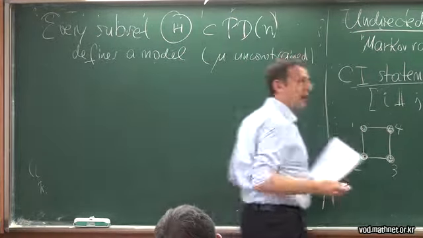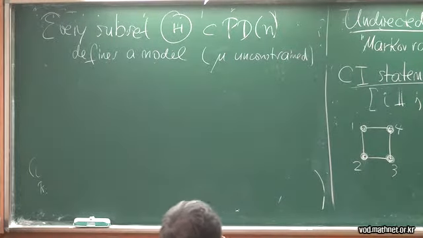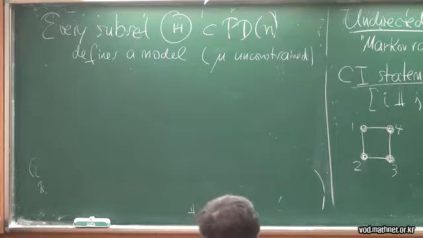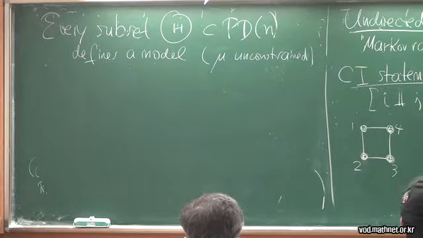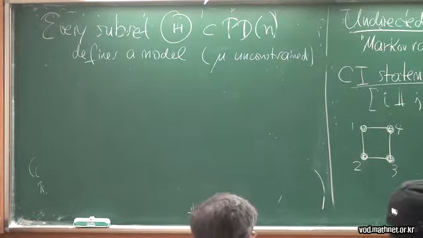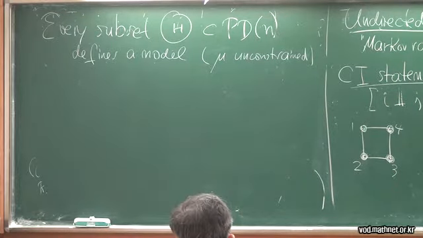So if Rainer has a favorite subset of the positive definite n by n matrices, that's fine, right? His subset specifies a Gaussian model, namely, all the distributions where sigma is in his subset. That's what I mean by a Gaussian model.